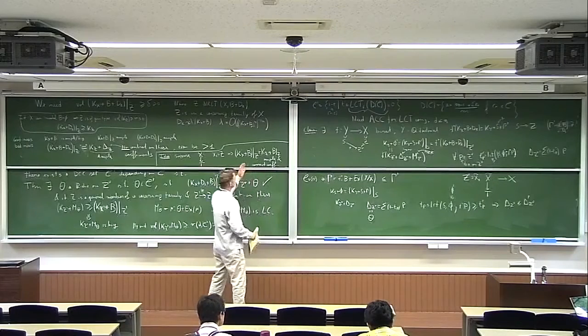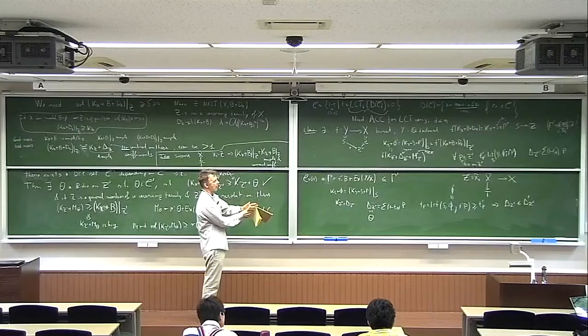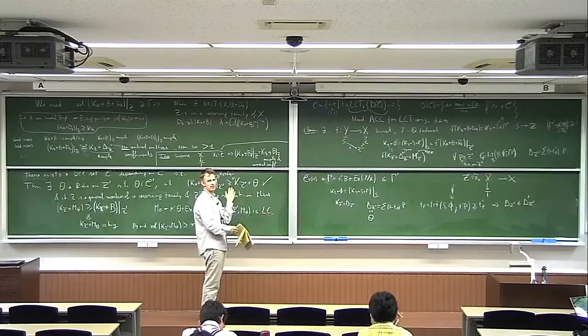And then you play exactly this game, but you have to be careful as to how the log pair changes under a birational map, and then look at the restrictions.